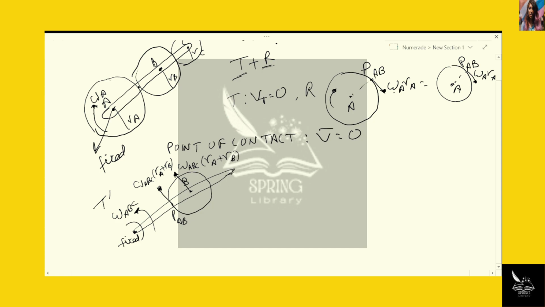But for disk B, it's translational. So let us call it translational for B, and then rotational for B. At point PAB, let's assume omega B to be anti-clockwise. At point AB, it's going to point like this, and the value will be omega B RB.